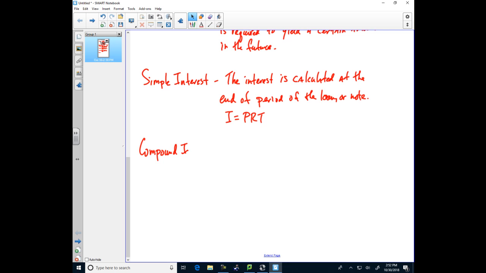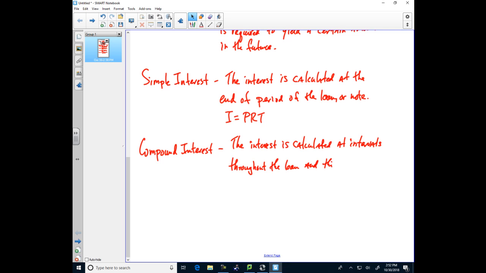Now let's look at compound interest. With compound interest, the interest is calculated at intervals throughout the loan, and, oops, I said one thing and wrote down what I really wanted.